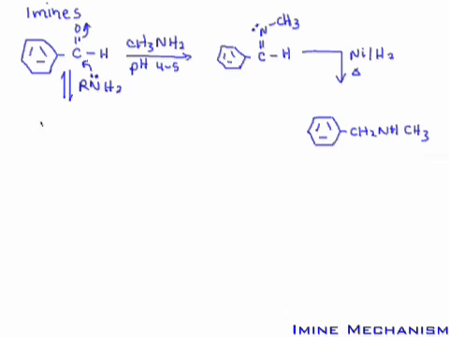And so when I'm done this attack, I get an intermediate which looks like this. We have NHHR positive. We have an H off this. Now we can lose H plus.